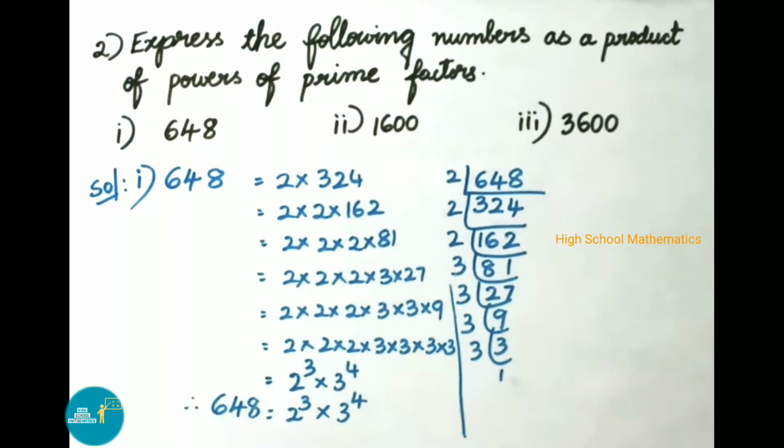Here 3 times 2 is present, so in exponential form it is 2 power 3 into 3 multiplied 4 times, so it can be written as 3 power 4. Therefore 648 in exponential form is 2 power 3 into 3 power 4.